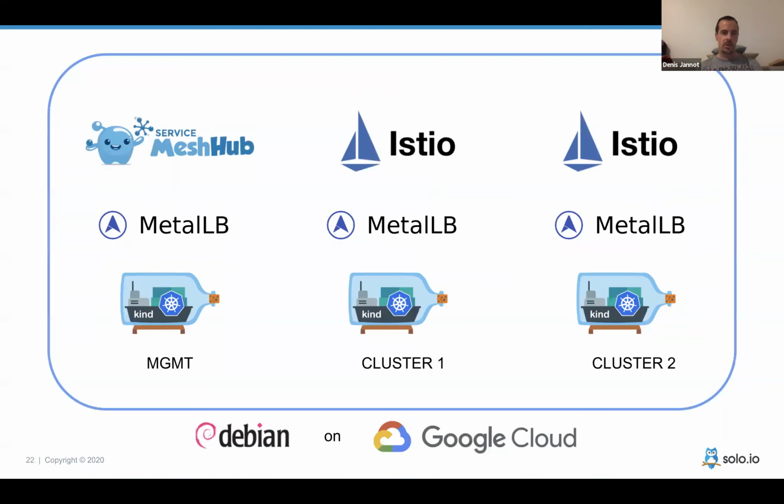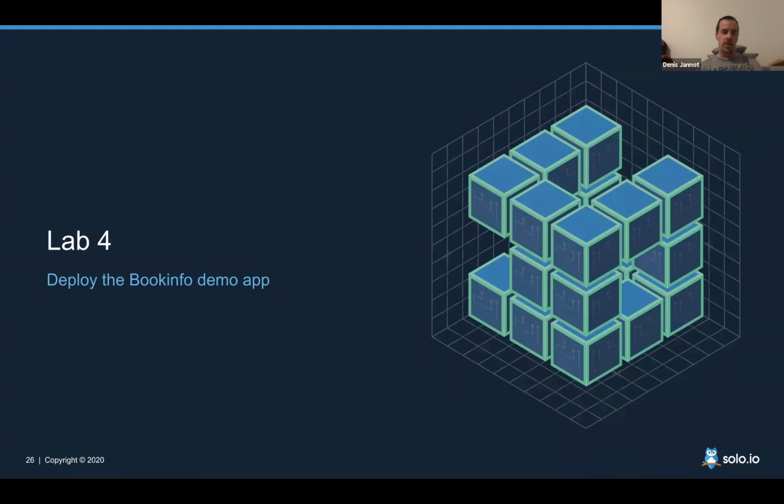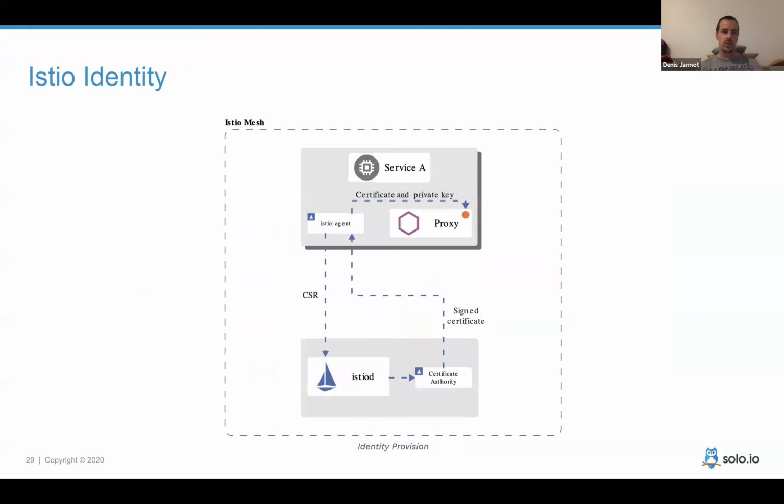But as I said, I'm going to go through the different challenges, and I'm going to start with federated identity. So here you are probably all very familiar with the way identity works in Istio, but I'm going to go through that very quickly again.